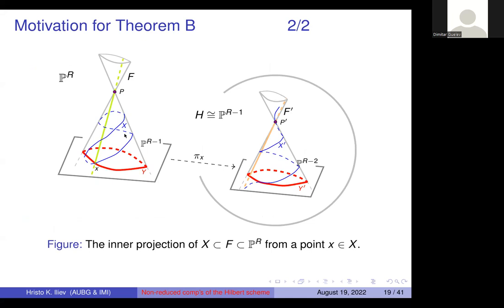This is in fact the motivation for the construction that I described in theorem B. So if one starts with the components as from theorem A, then we have curves that are cut on a cone by a hypersurface of degree 2.